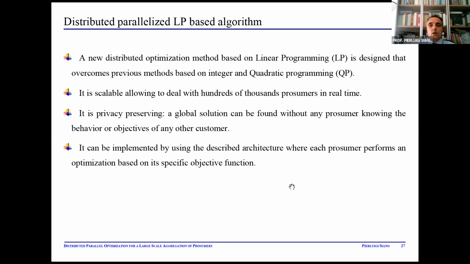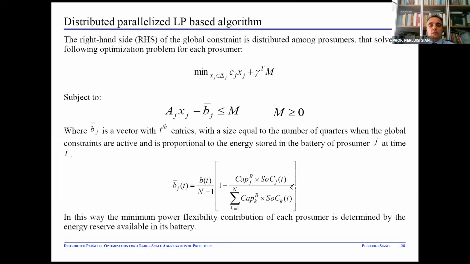performs an optimization based on its specific objective function. As regards the distributed parallelized linear programming based optimization, we consider the minimization of this function. The idea is that of distributing the right-hand side of the global constraints among all prosumers in such a way that the minimum power flexibility contribution of each prosumer is determined by the energy reserve available in its battery according to this equation.